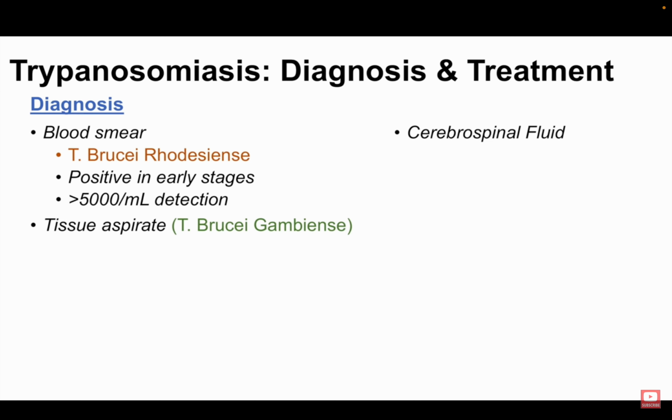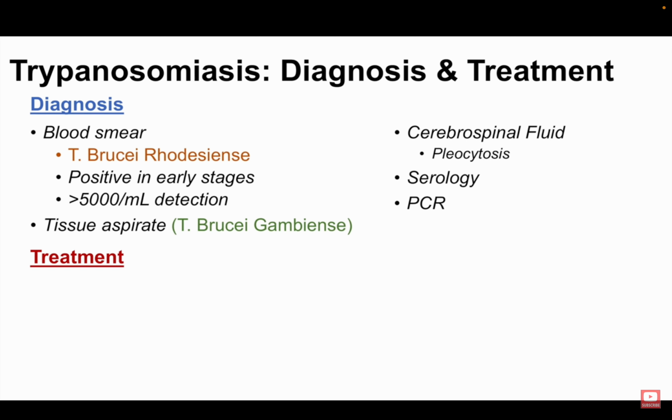As well, cerebrospinal fluid, so a spinal tap, is important to see if we can detect any trypanosoma within the spinal fluid, or if we can see any white blood cells. So we may be able to see pleocytosis within the cerebrospinal fluid. Serology is also important to see if we can find any antibodies to any of these trypanosoma species. And PCR is also a method to diagnose patients with infections.